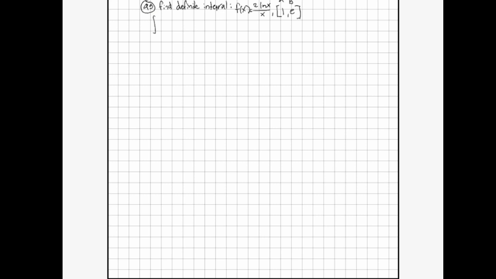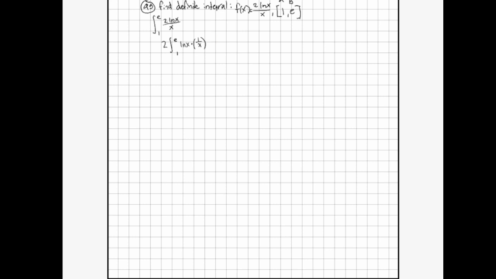So I go like this, e and then 1, and then I put in my function, 2 ln x over x. Now this 2 goes on the outside pretty much. So 2, integral from e to 1, ln x times 1 over x.